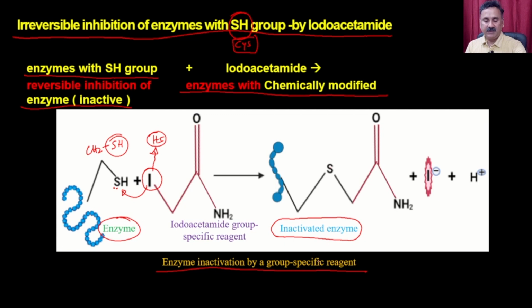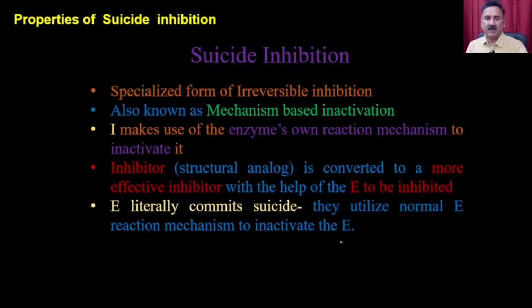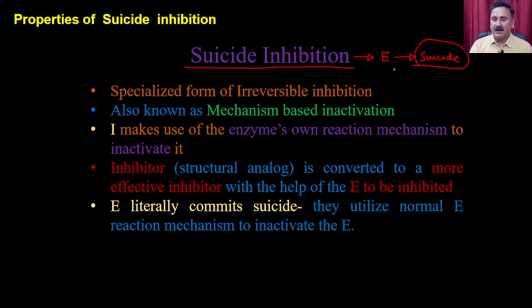Then we have another variation of irreversible inhibition, which is called suicide inhibition. Suicide inhibition is, as the name suggests, when you add the inhibitor, the enzyme is going to go for suicide, which means the enzyme is going to process the inhibitor.